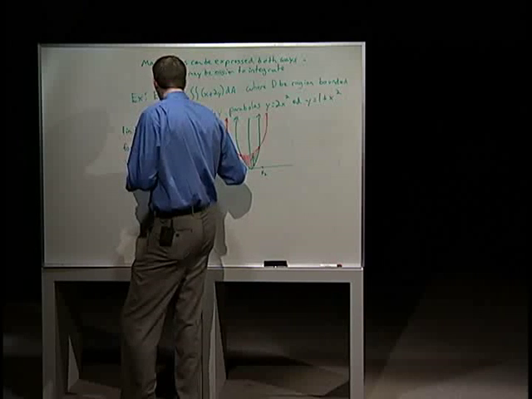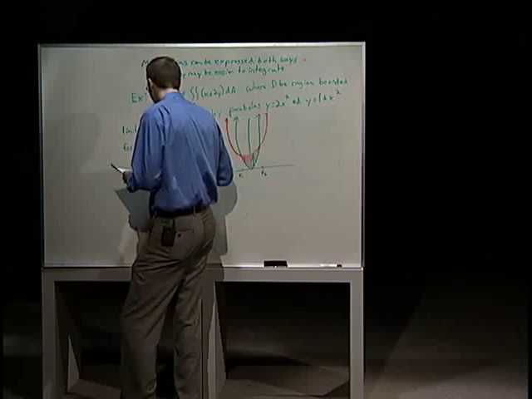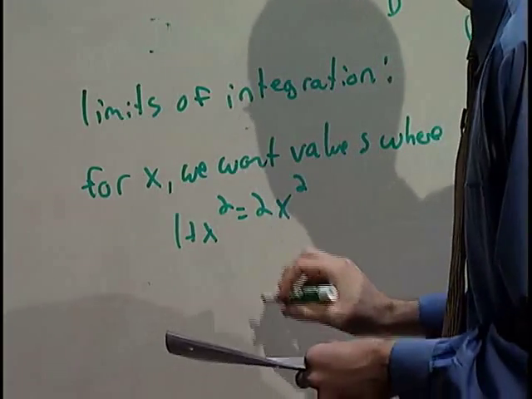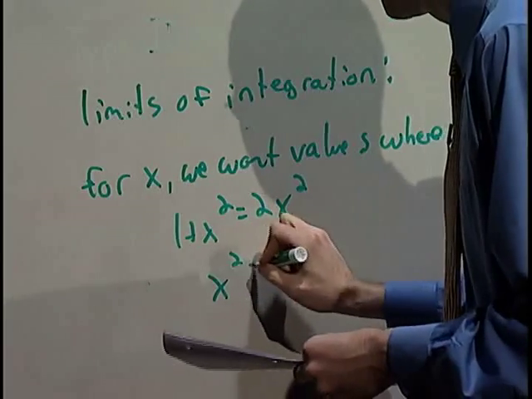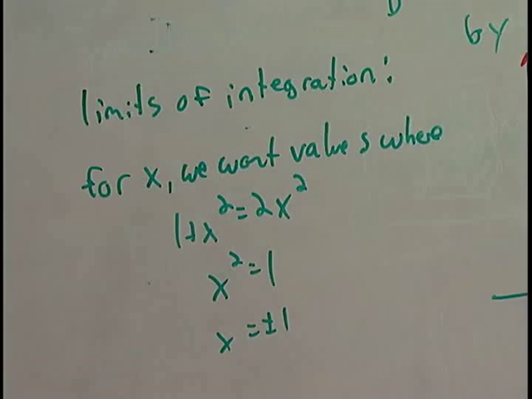That means that 1 plus x squared equals 2x squared. You fiddle around with some stuff, and you get x squared equals 1, so x is plus or minus 1. So there are the x limits of integration.